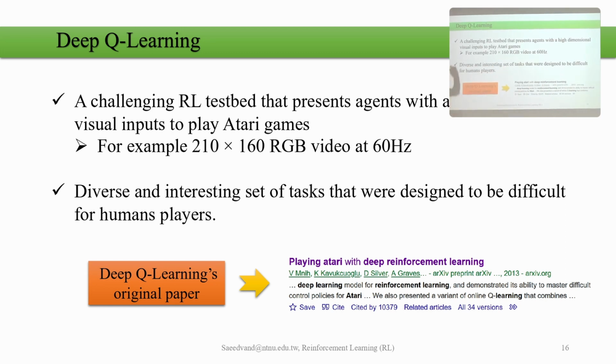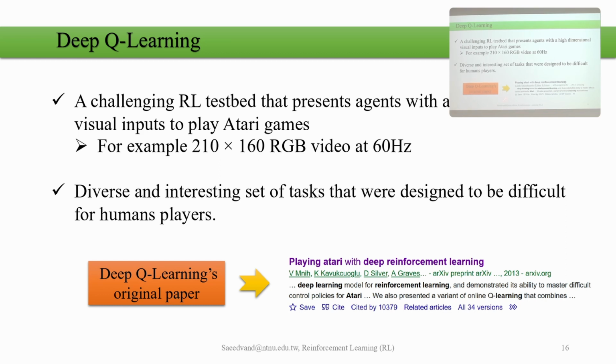To deal with this problem, playing Atari, we have a very well-known paper, the first publication that successfully solved this problem. The title is Playing Atari with Deep Reinforcement Learning. It was proposed in 2013, and the number of citations is 10,300. That means 10,300 different research works have referred to this paper and tried to develop this original work.